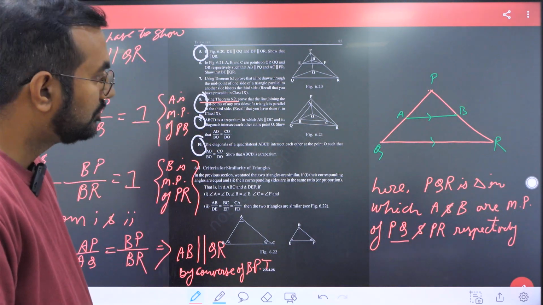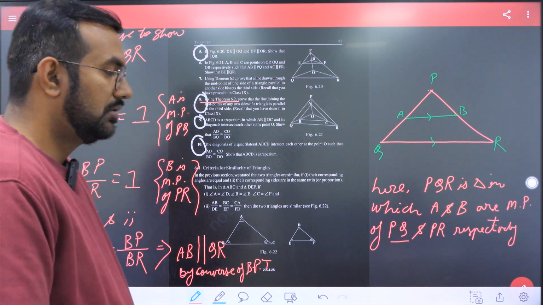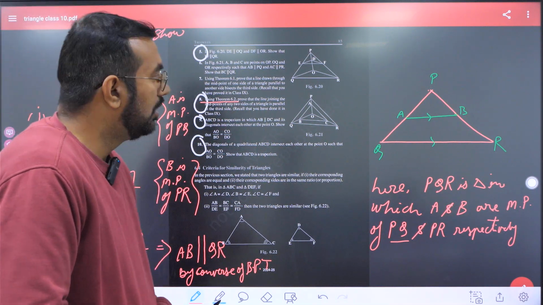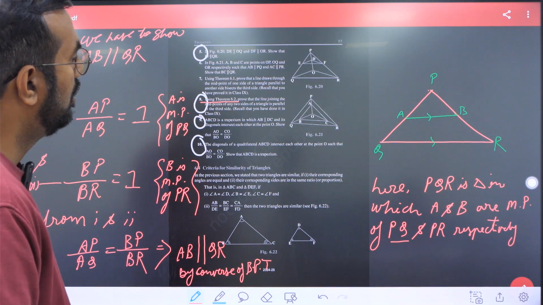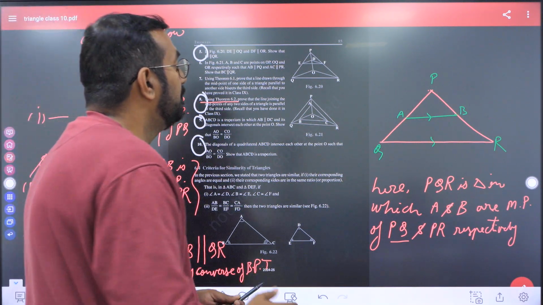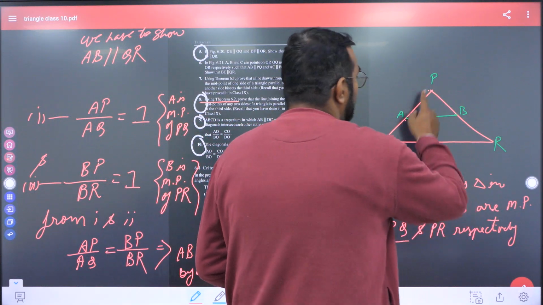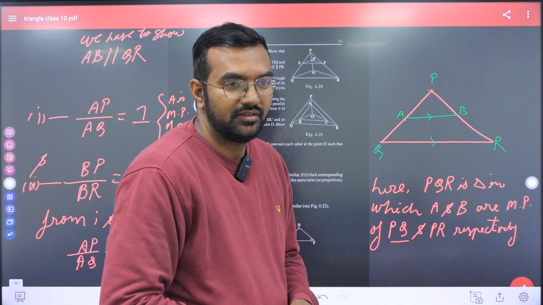Sir, if we apply BPT directly, then PA upon AQ is equal to PB upon BR. But how is PA upon AQ equal to BP upon BR? How can you write it?